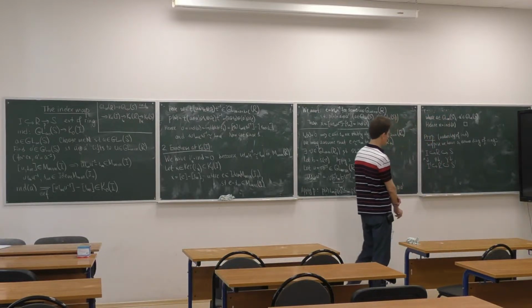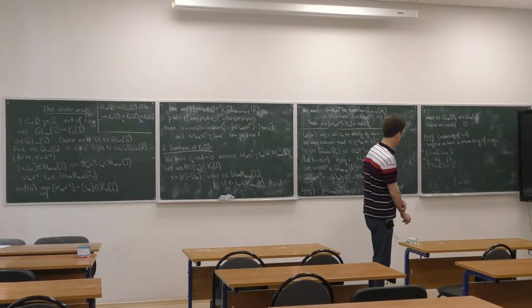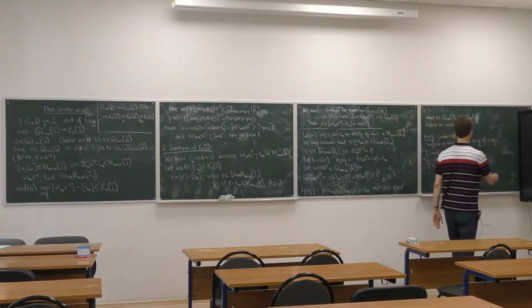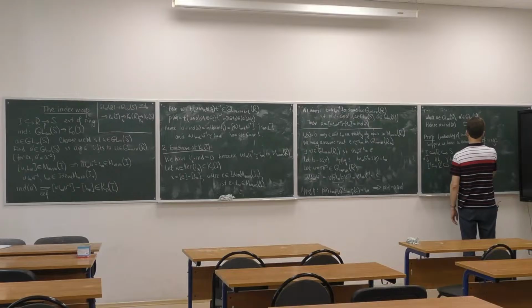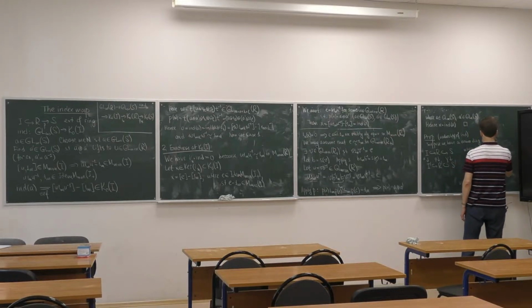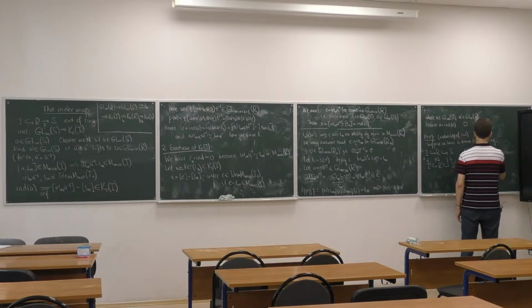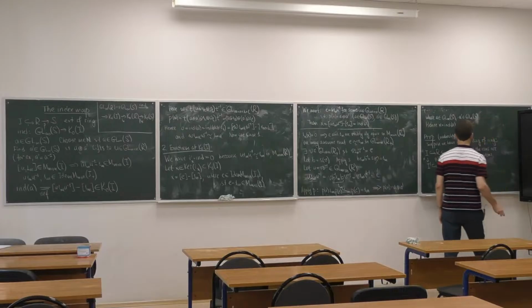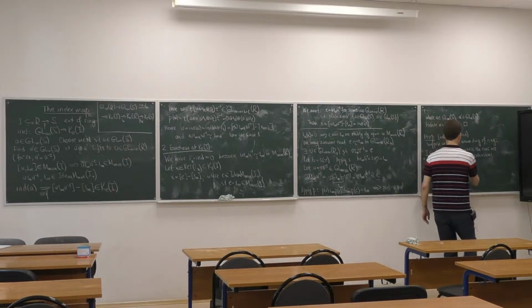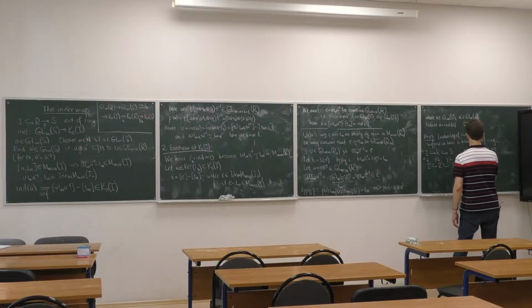So we have a commutative diagram of this form where the rows are ring extensions. I claim that then the following diagram commutes.